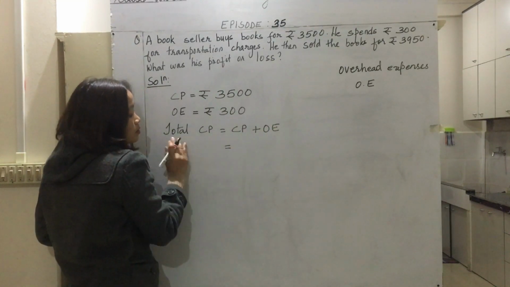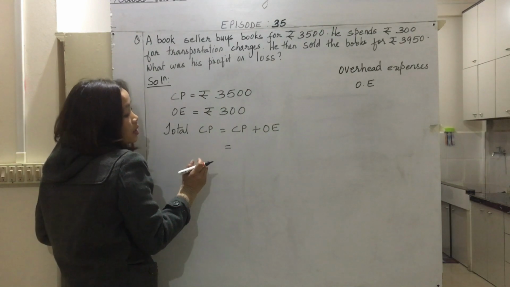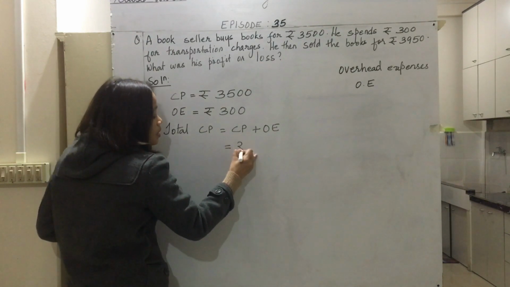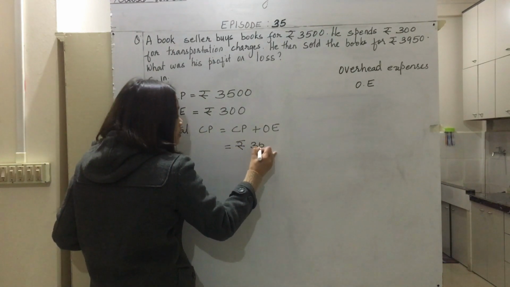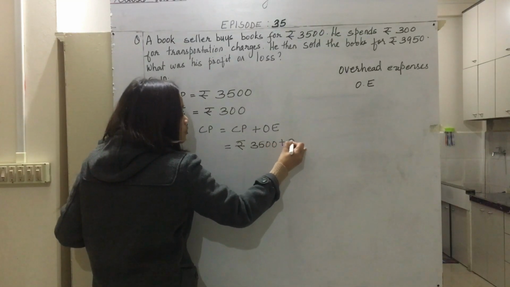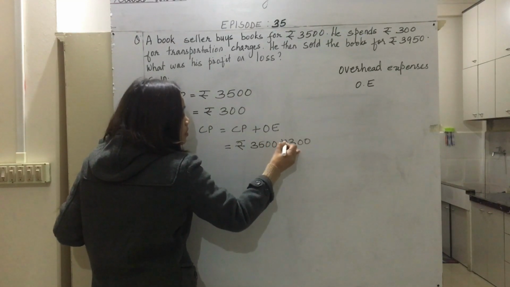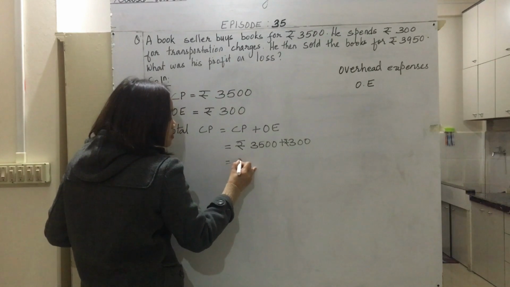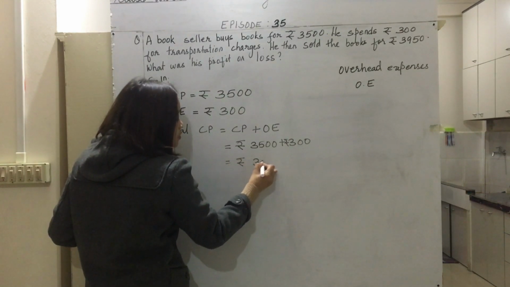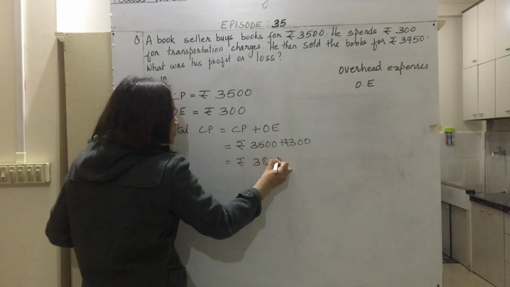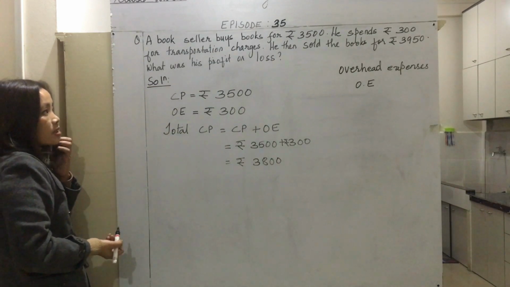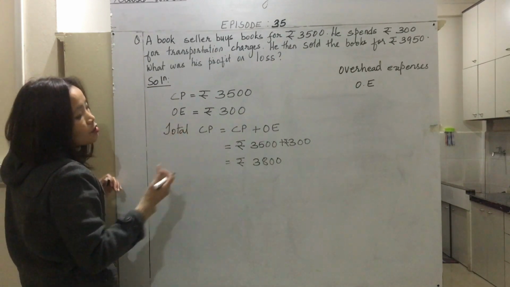So CP is 3,500 plus 300 rupees. We add this, it is 3,800 total CP.